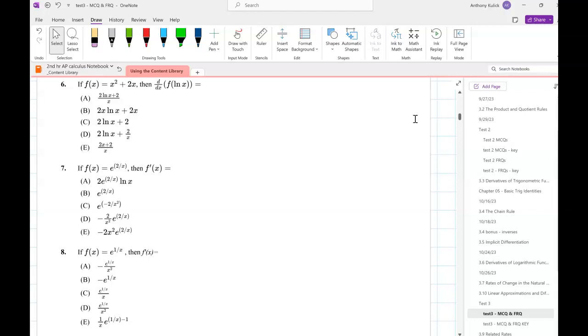Yeah, how do I start this one? Try to shoot. I would just think about it as a chain rule, right? Where f is the outer function and a natural log is the inner. Oh, so just.